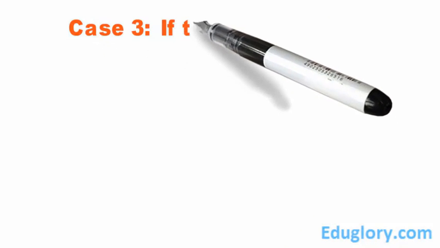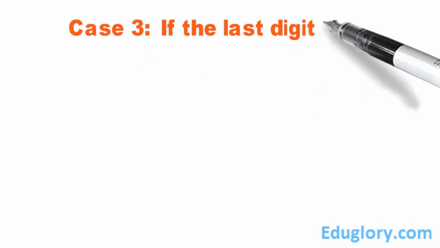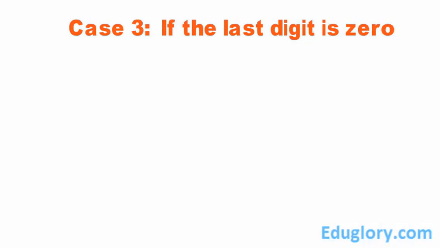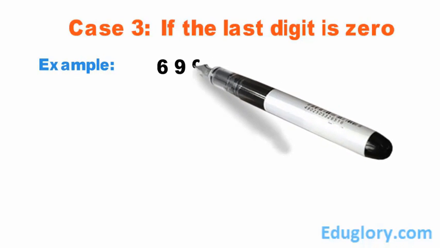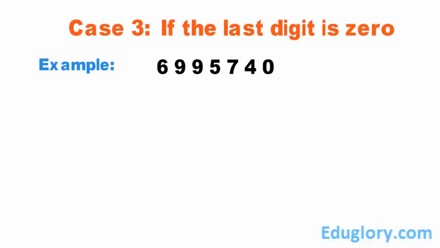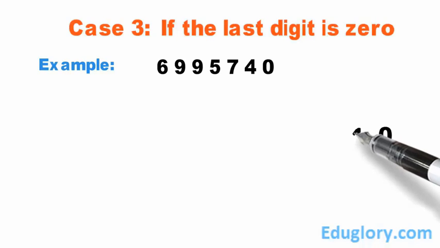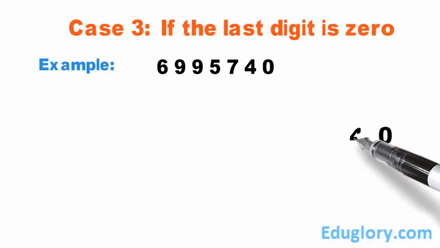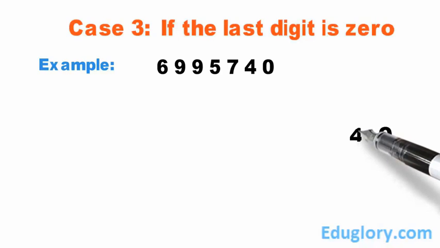Let's understand case 3, where the last digit is 0. For example, consider the number 6995740. To find the complement of this number, first of all, we'll keep 0 as it is. Then, we'll find out the last non-zero digit in this number, which is 4.